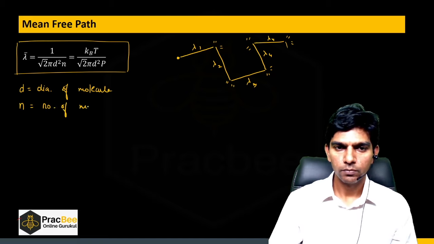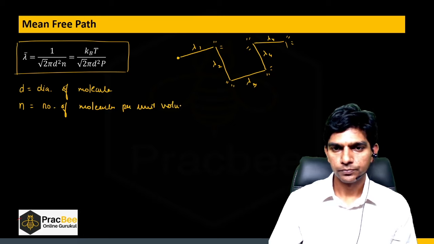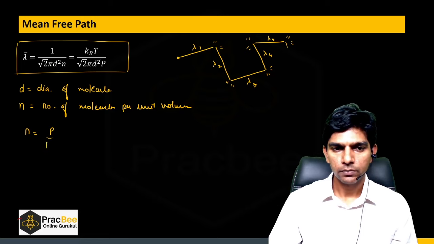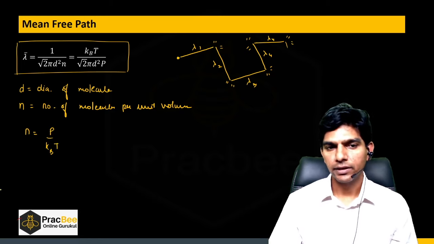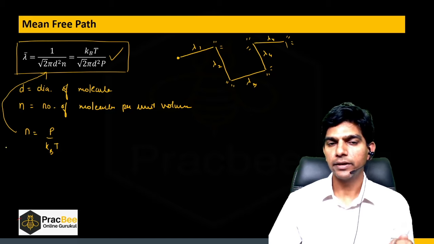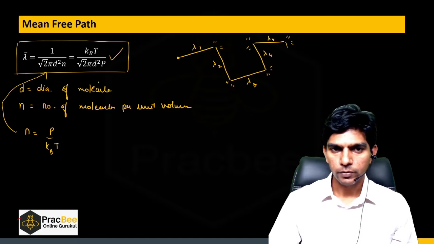Number of molecules per unit volume. And this n can also be written as P upon kBT by using the ideal gas equation. So if we substitute this value of n in this equation, we will get this formula: kT upon root 2 pi d square P. So do remember this.